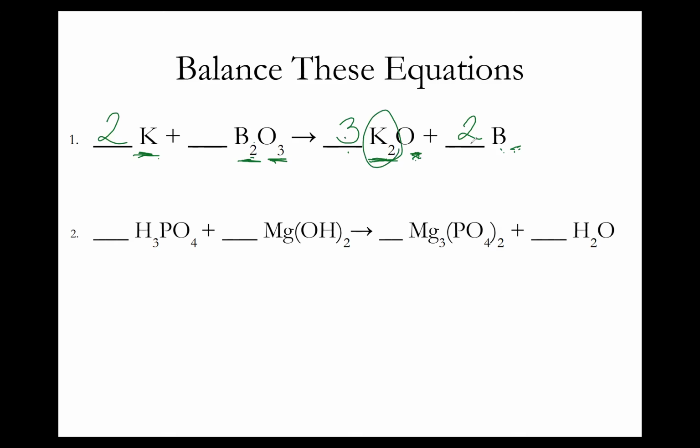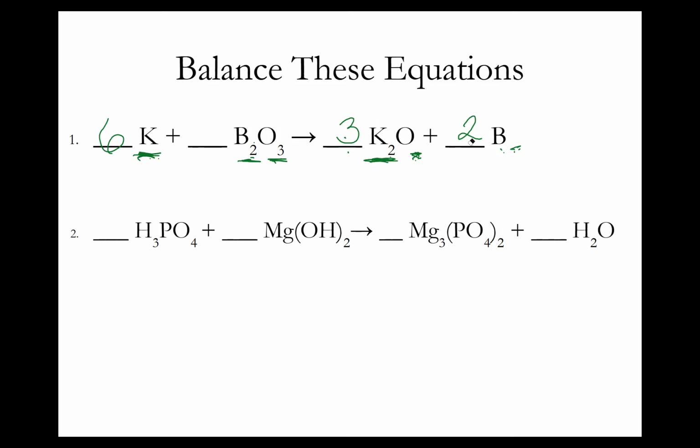I have 3 times 2, which is 6 now. On this side, I still have 2. So now I need to erase that 2. If I have 6 over here and I have 1 here, what times 1 gives me 6? I put a 6 there. Now I double check. Am I balanced?